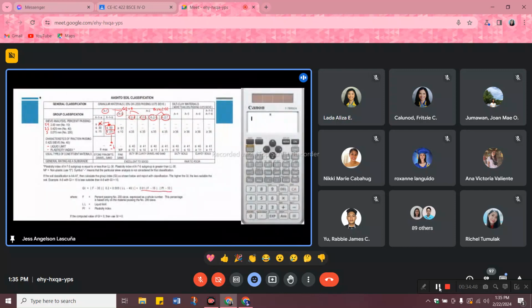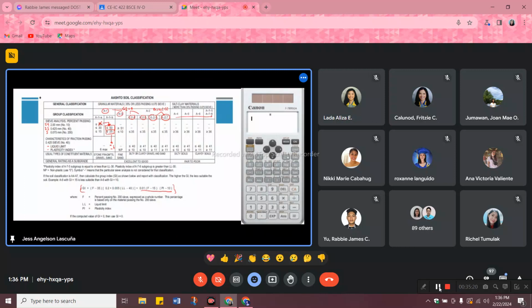So if ang atong soil is under sa A2-6 or A2-7, ang atong formula sa GI nga gamiton is kanang akong gi-underline. Then for A4 onwards, then ang atong GI nga formula is kani. Okay. So for soil A, it is classified as A1B.